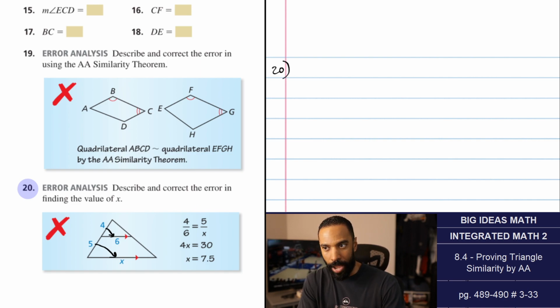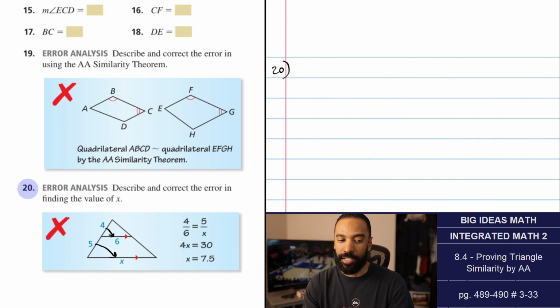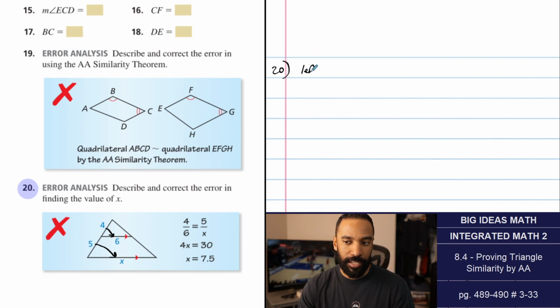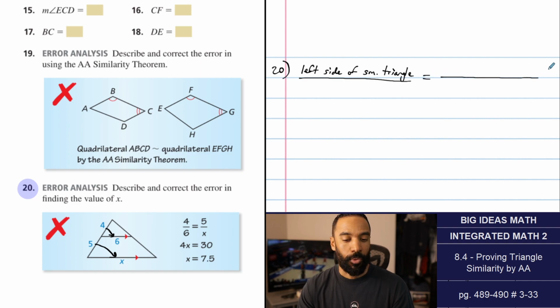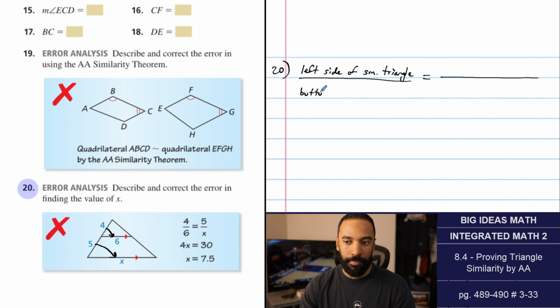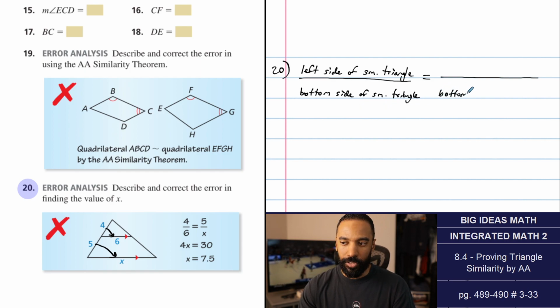Let's write out what we're looking at in a different way. 4 is, to us, the left side of the small triangle. 5, I'm going to wait on 5. 6 is the bottom side of the small triangle. x is the bottom side of the large triangle.